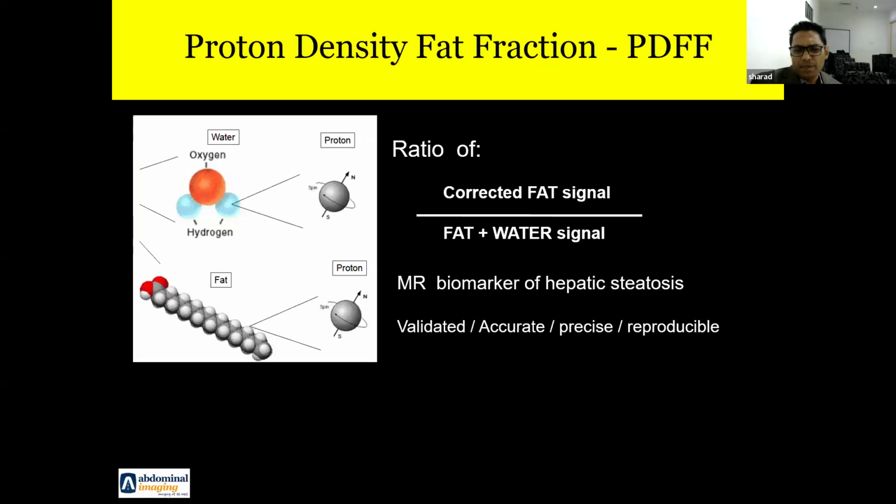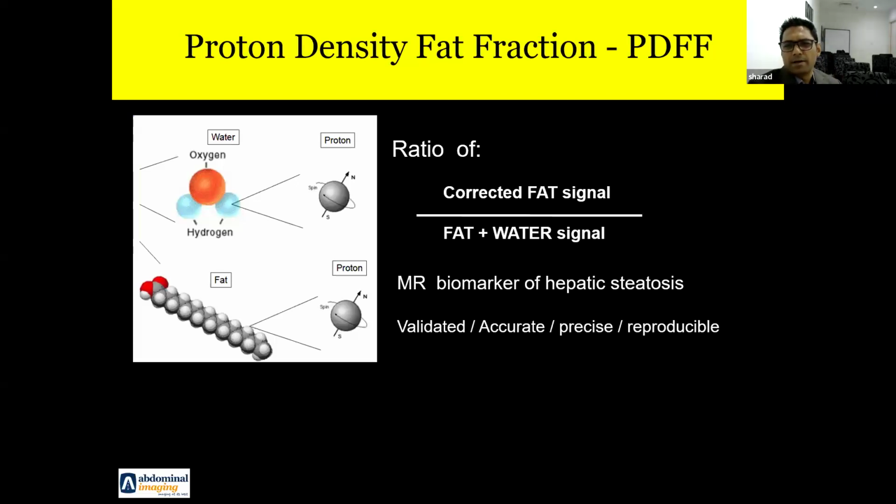So now the current MRI scanners have this sequence which is called proton density fat fraction, where it takes care of all the confounding factors, and it gives you a true ratio of the fat protons and the water protons.